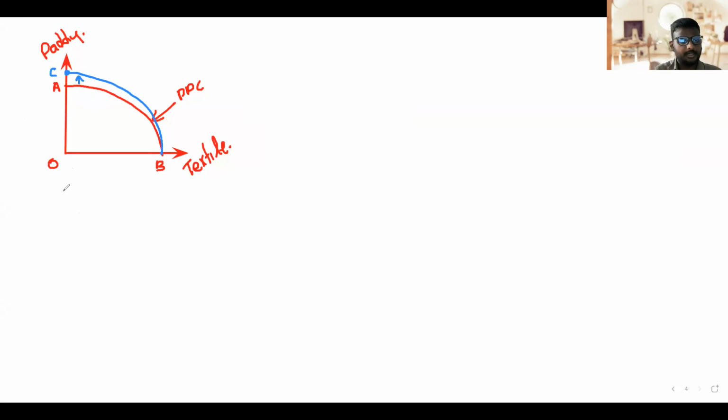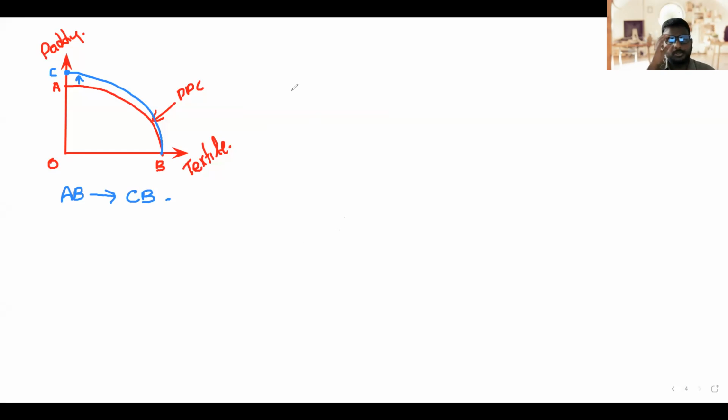So PPC curve AB will shift out and become CB. Only on the paddy side will you see an increase or shift in the PPC, because the fertilizer being introduced can be used in paddy production, not in textile.